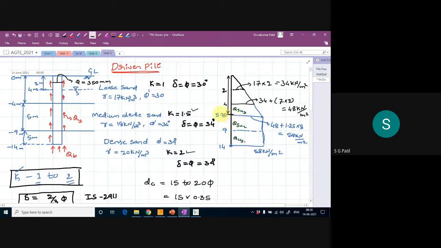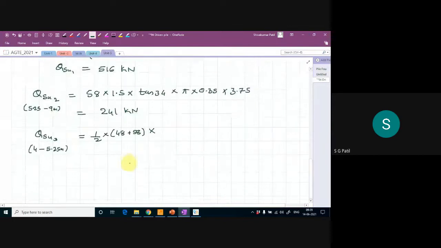K value is still 1.5. So 1.5 into tan of 34 into pi into D into L. L between 4 meter and 5.25 is 1.25 meter.